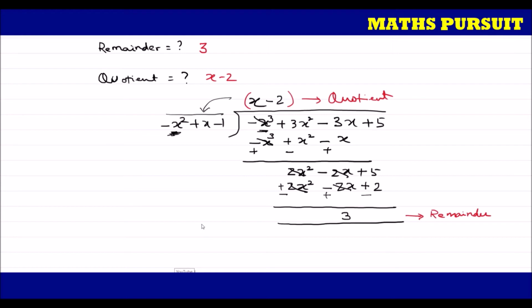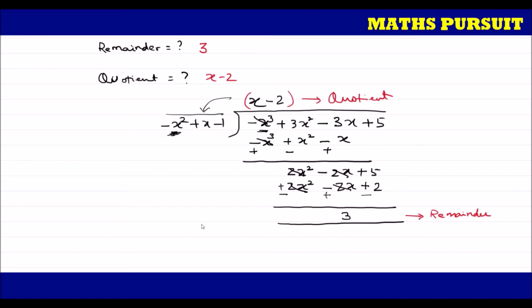The division algorithm is nothing but the result that we got here, with the remainder, where the remainder is less than the divisor. We can see that the divisor is minus x to the power 2 plus x minus 1, and the remainder we got is only 3. So this 3 is less than the divisor. Altogether this whole process we call the division algorithm.